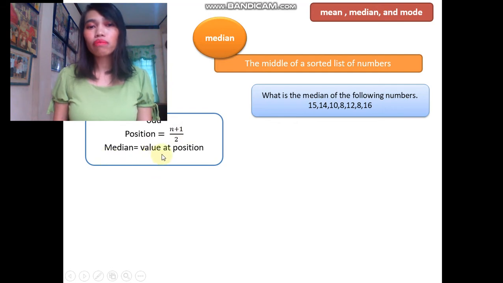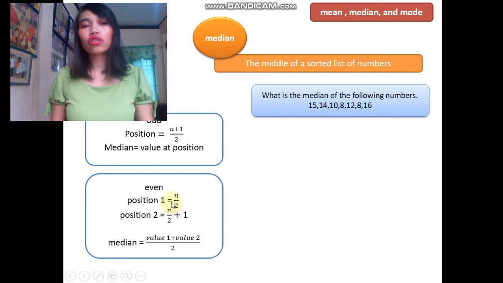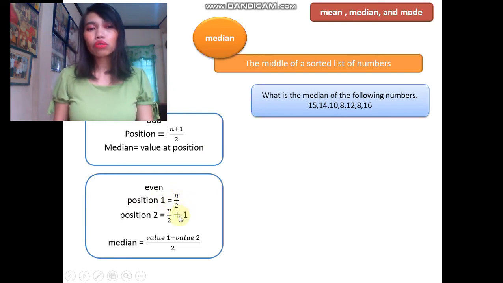So the median is the value at that position. If it's even, you have to know the two positions. You have n over 2 and the second position is n over 2 plus 1. The median is the value of the first position and the value of the second position, all over 2, or getting the average or the mean.